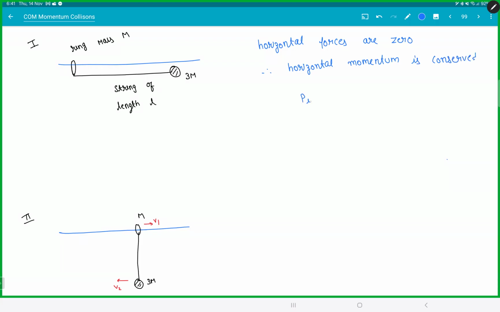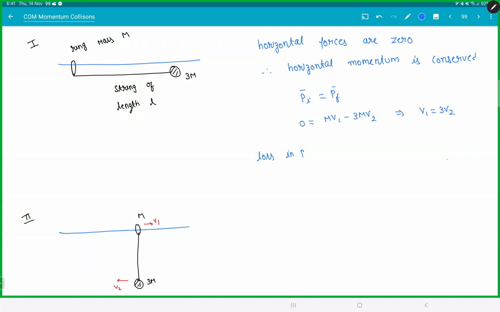Initial momentum is equal to final momentum in the horizontal direction. Initially 0, finally mv1 minus 3mv2. So v1 is 3v2.